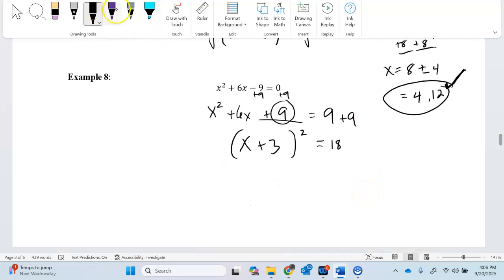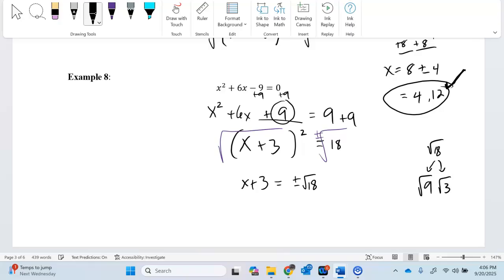I'm a couple steps away from my solution. Square root, plus or minus. And then that means x plus 3 equals plus or minus root 18. Do we want to deal with the root 18 now? Let's do it. Is there a perfect square that goes into 18? There is. It's 9. Check my math. 9 times 2 is 18.